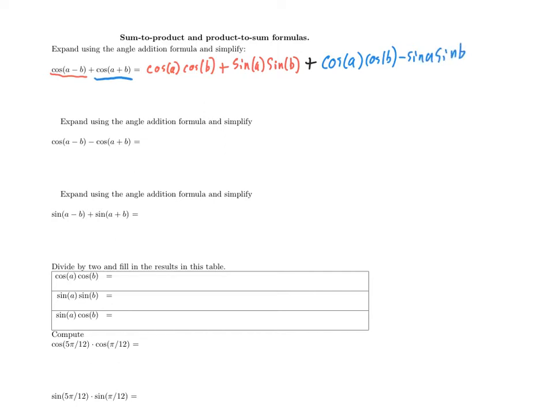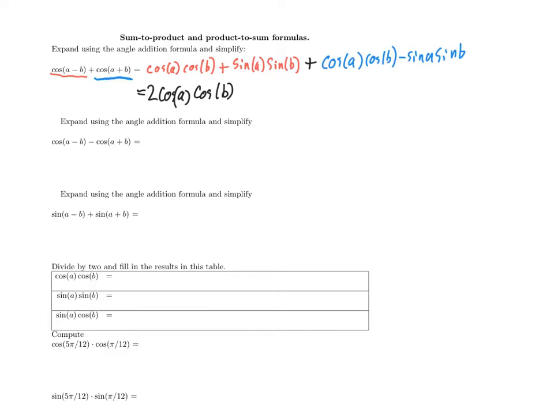Alright, so let's take a look at what we have here. Let's simplify this. So I see cosine a cosine b plus cosine a cosine b. That's a total of 2 cosine a cosine b's. Next, we see plus sine a sine b minus sine a sine b.